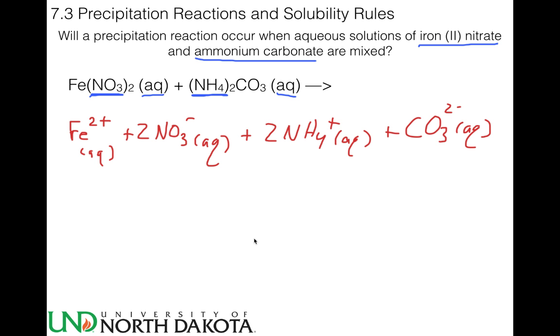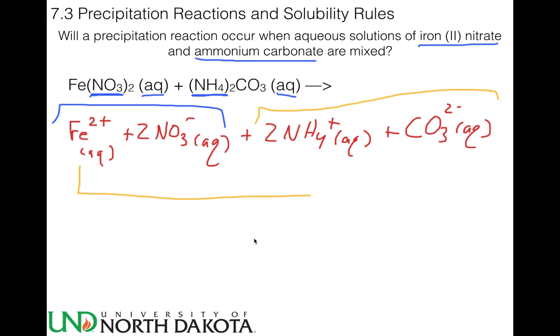Now, in order to predict what new compounds would form, we have to see what can happen. The iron 2 and nitrate were part of our original starting compound, and the ammonium and carbonate were part of that other compound on the reactant side. To see which products we can form, we have to take the cation from one reactant and combine it with the anion of the other reactant. And then we have to take the anion of the first reactant and combine it with the cation of the second reactant.